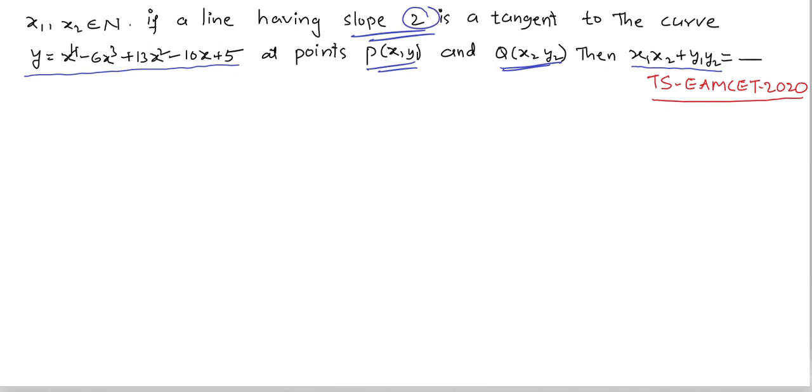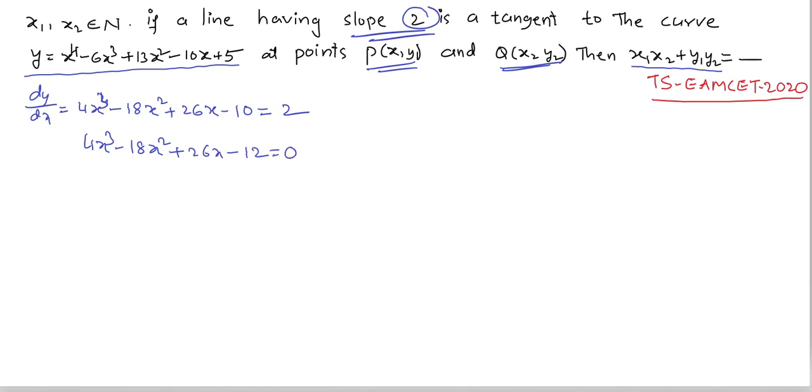Here the slope of the tangent to the curve is given as 2. The curve is y equal to x power 4 minus 13x squared minus 10x plus 5. So now we first find dy by dx, that is the derivative of x power 4, that is 4x cube, minus 26x minus 10. This slope is given in the problem as 2, that is 4x cube minus 26x minus 10 minus 2 minus 12 is equal to 0.